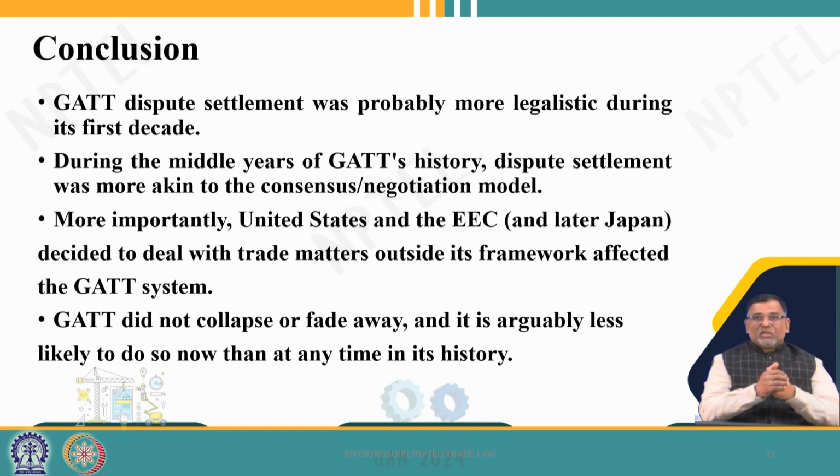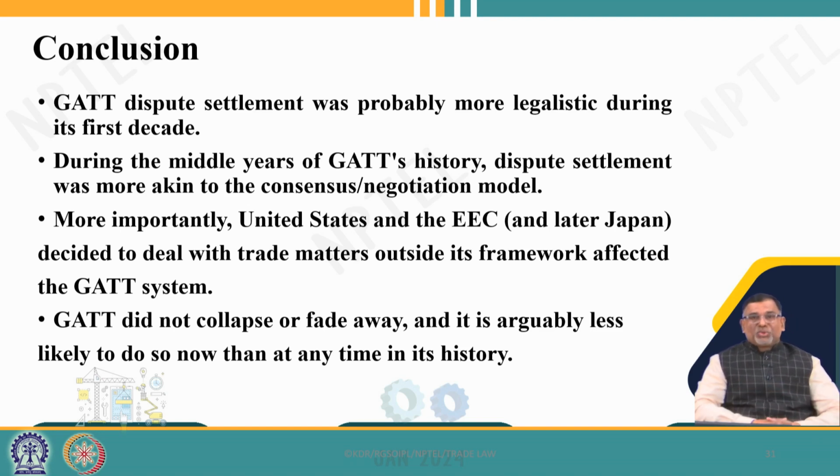The GATT was not collapsed, and I would say that it worked very well from 1947 to 1980. It worked very well from 1980 onwards as well, but the number has gone up, and the blocking of reports was also increased, mainly due to the number of reports against the trading countries.